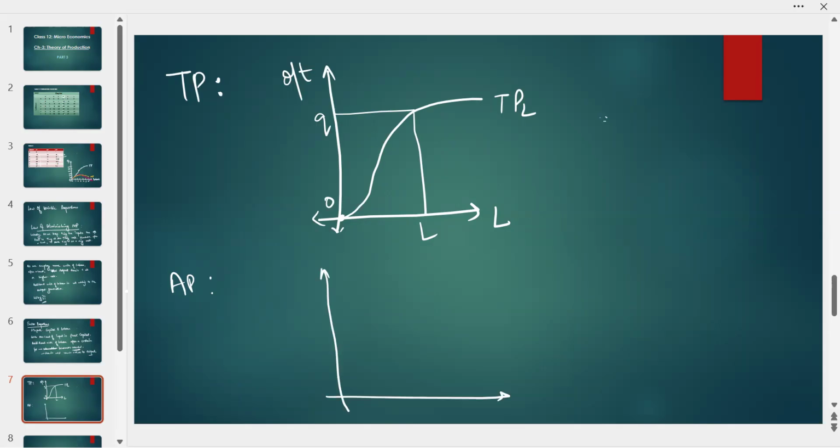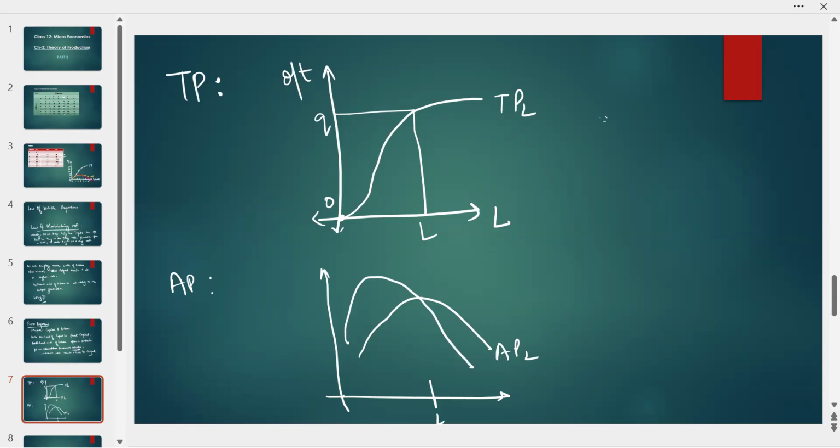If we plot L, after a point we know that our average product looks like this. However, the MP looks like this and it starts falling, right?